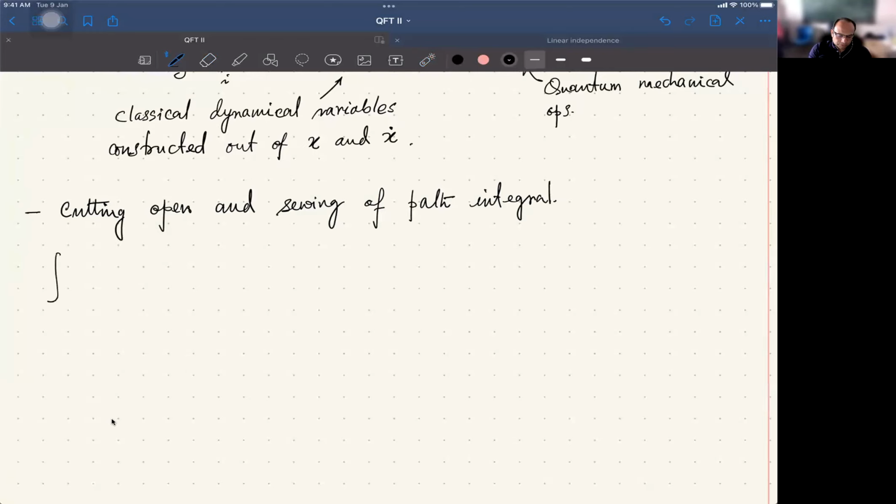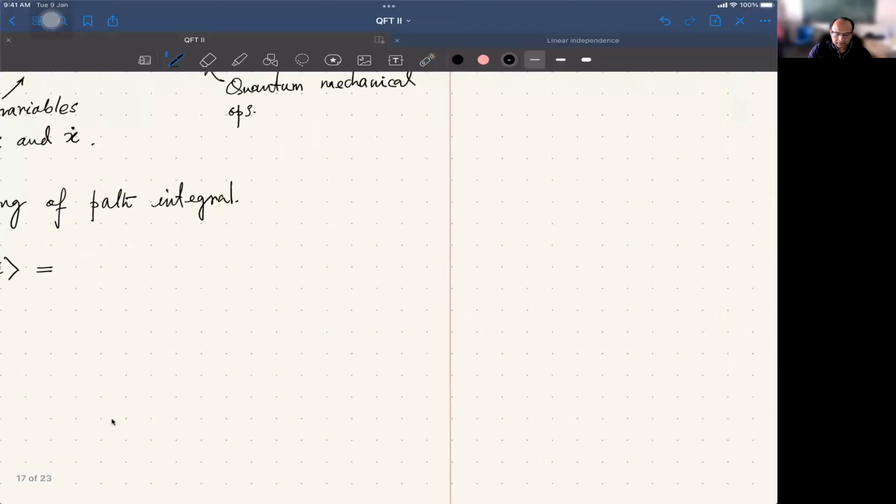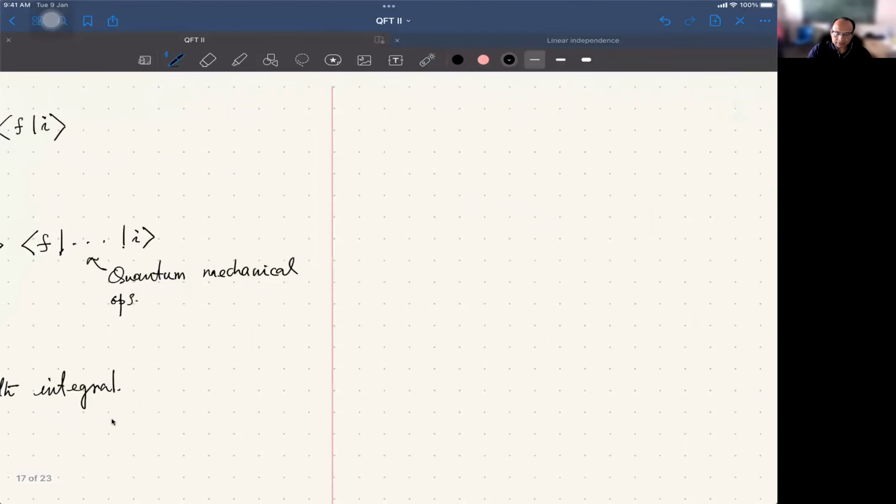You start with the path integral ∫Dx from i to f of e^{(i/ħ) S_{if}[x]}, which is given by ⟨f|i⟩. Now what you could do is insert a completeness operator at some time t.